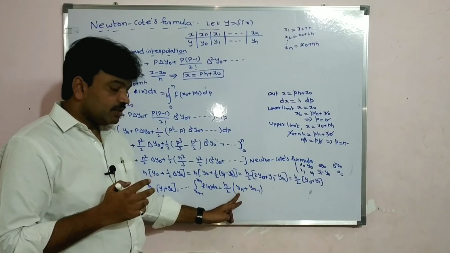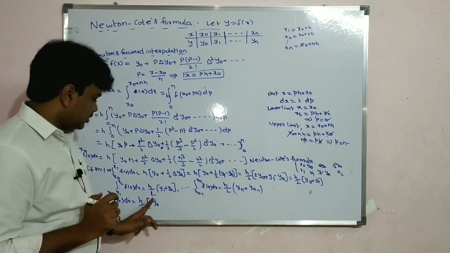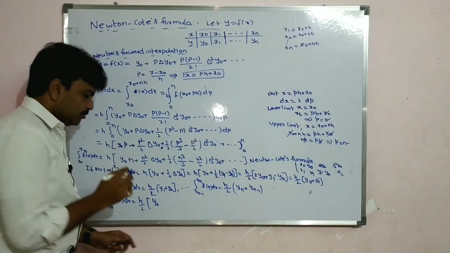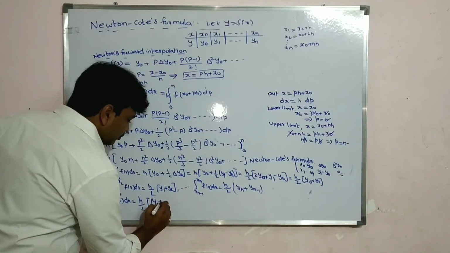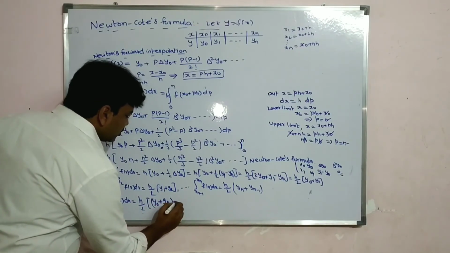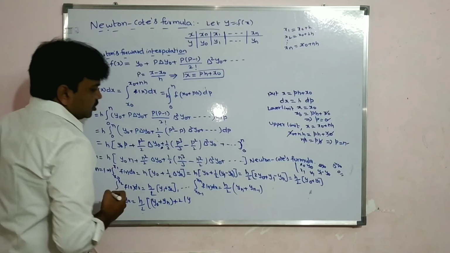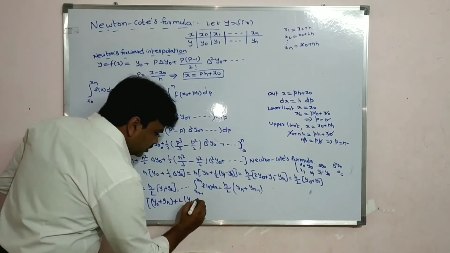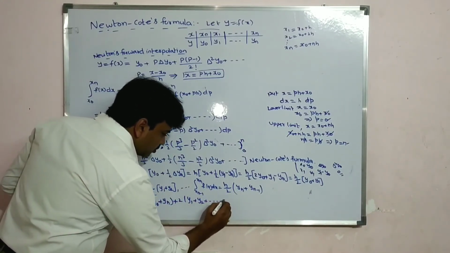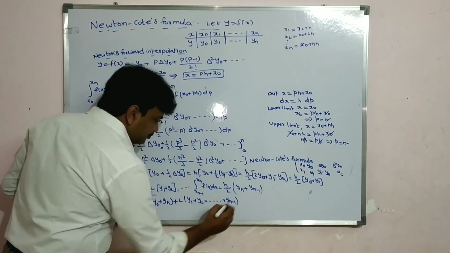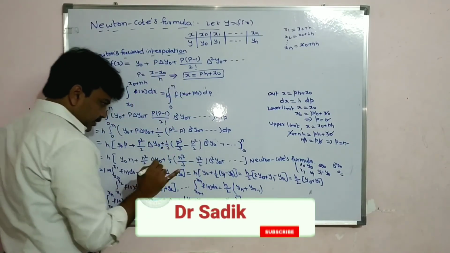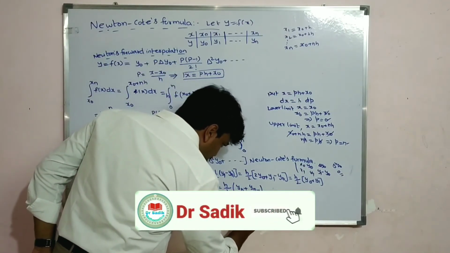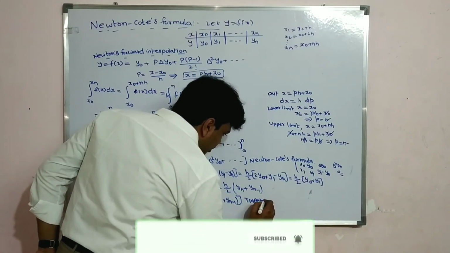And what about yn? We get 1. That means the initial value and final value are 1 times and all remaining values are 2 times. So y naught plus yn plus 2 into the rest of the terms, y1 plus y2 plus and so on plus yn minus 1. This is called the trapezoidal rule.